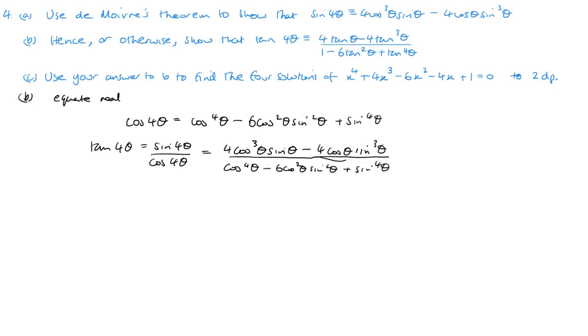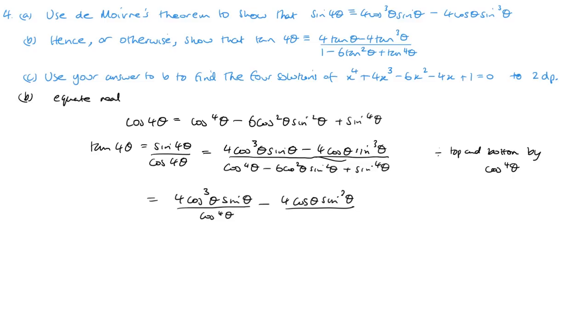Let's have a look. So divide top and bottom by cos to the power 4 theta. And that gives me 4 cos cubed theta sine theta over cos to the power 4 theta, minus 4 cos theta sine cubed theta over cos to the power 4 theta.